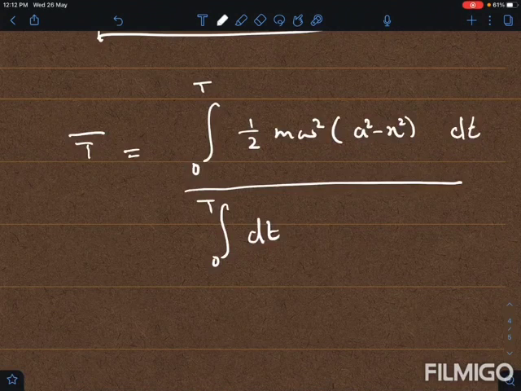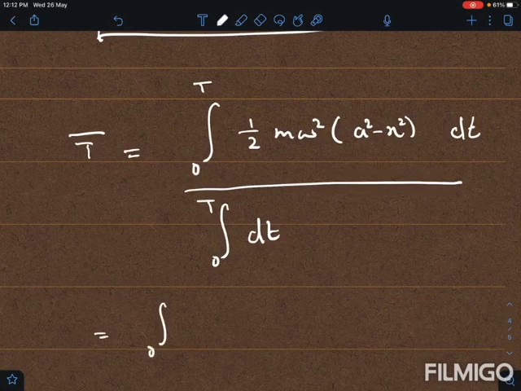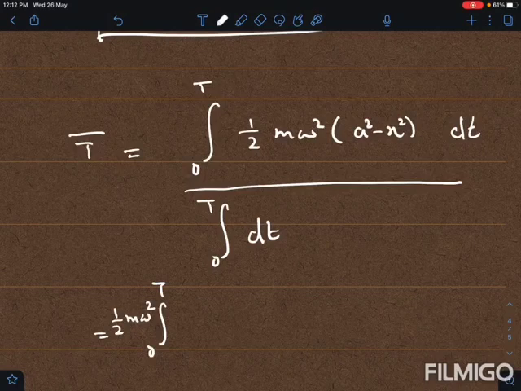So again you can substitute for x square here. I'll write it as two separate integrals, picking out the constants outside, half m omega square. So you have an A square also.